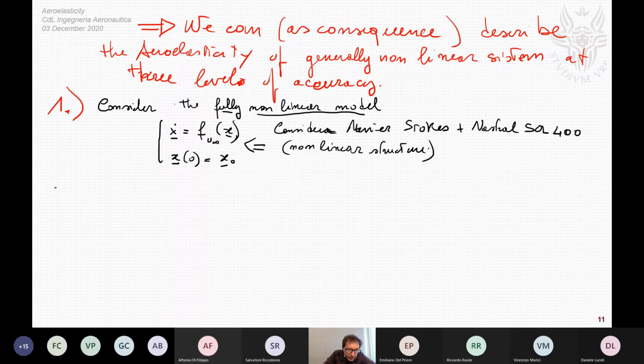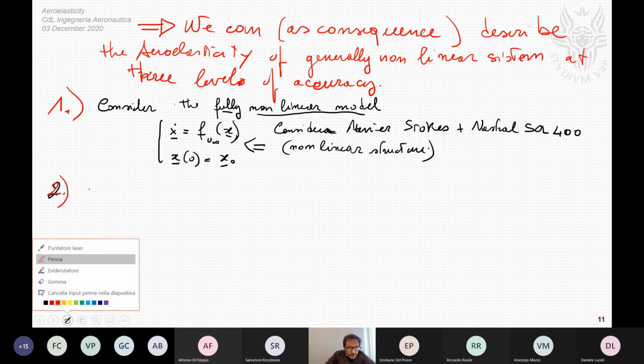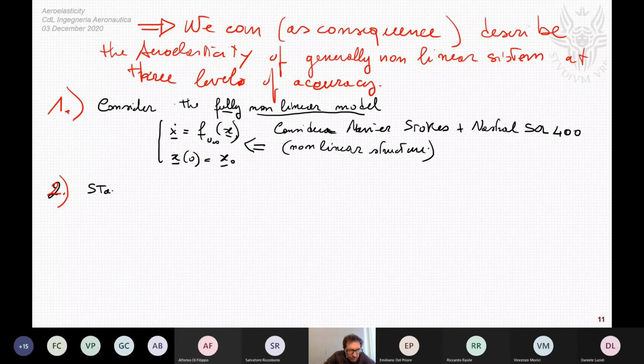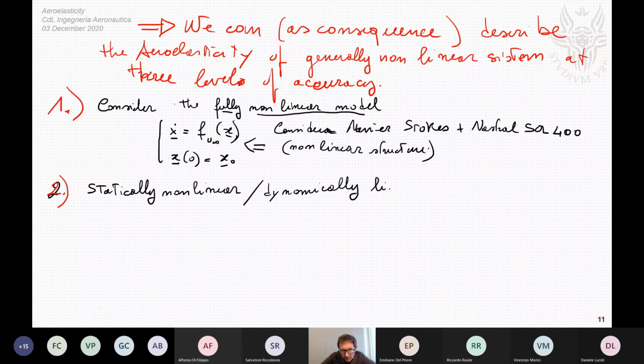Second step, second level of accuracy. You could consider the model titled statically nonlinear and dynamically linear, or linearized, model.